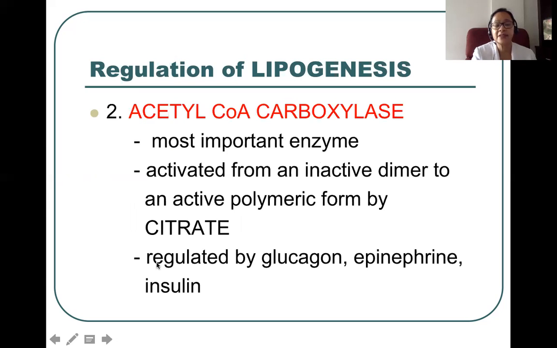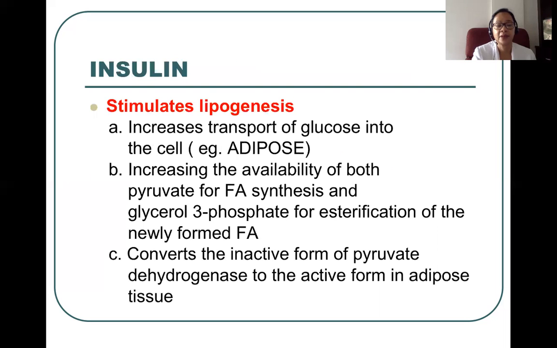Your acetyl-CoA carboxylase is considered the most important enzyme in this process, and it is activated from an inactive dimer to an active polymeric form by citrate, and it is regulated by these hormones: glucagon, epinephrine, and insulin.